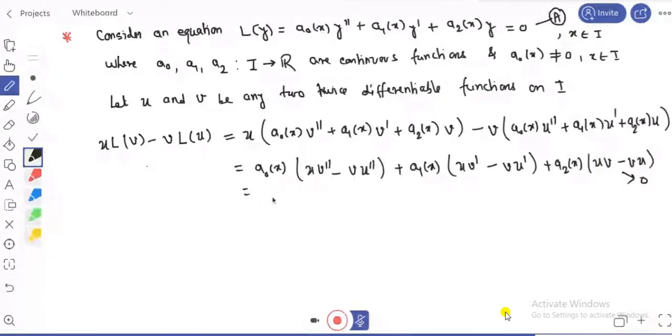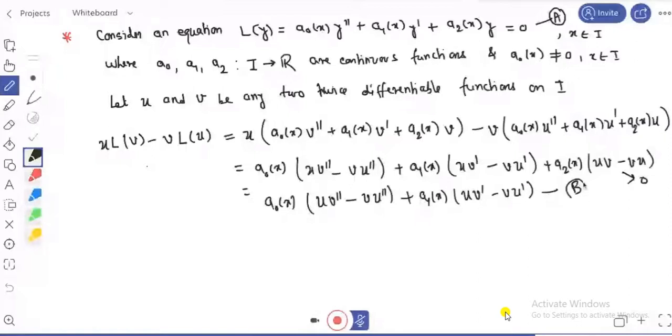Now you can rewrite this as a0(x) (u v'' minus v u'') plus a1(x) (u v' minus v u').